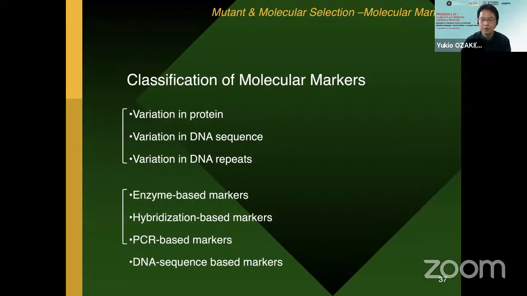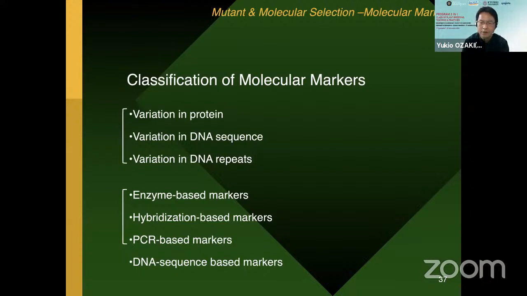In view of the foregoing, molecular markers may be classified into three classes according to the nature of genome variation or the method used for assaying variation. Variation in proteins, allozymes. Variation in DNA sequence polymorphism, for example, RFLP.